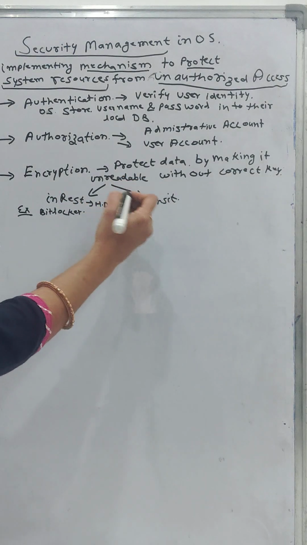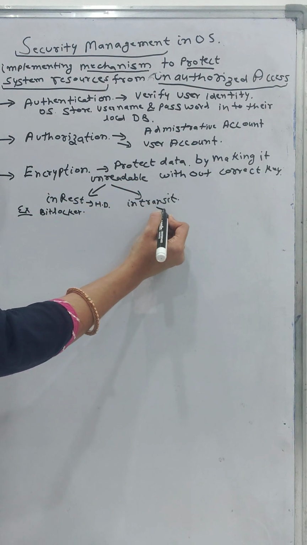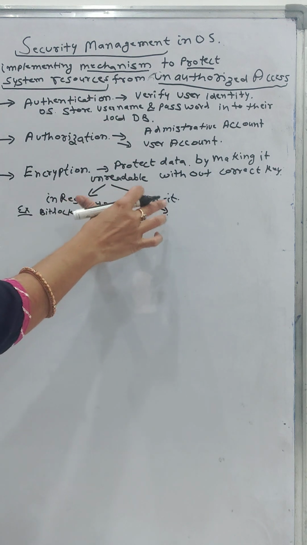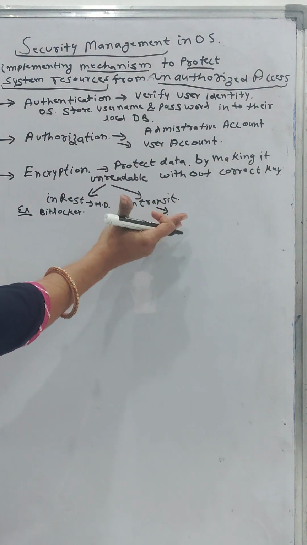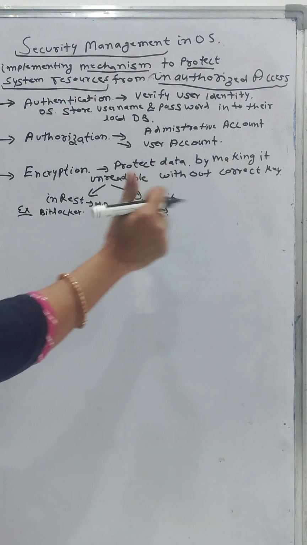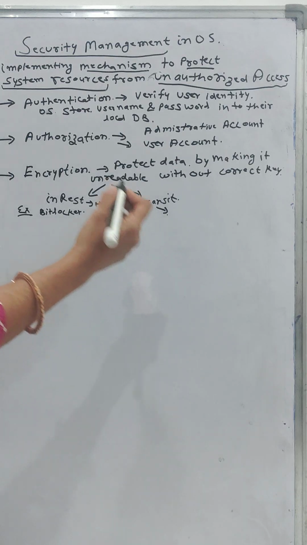Now, data in transit. Let me explain how encryption works here. Data which we send through the network comes under this category.